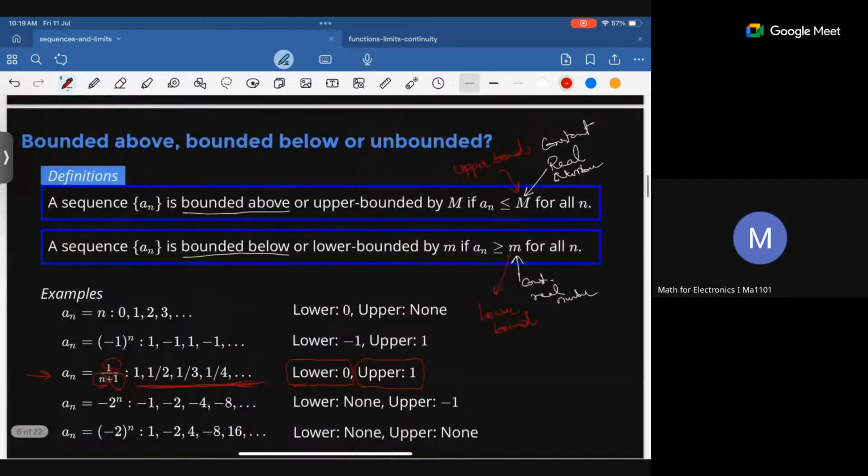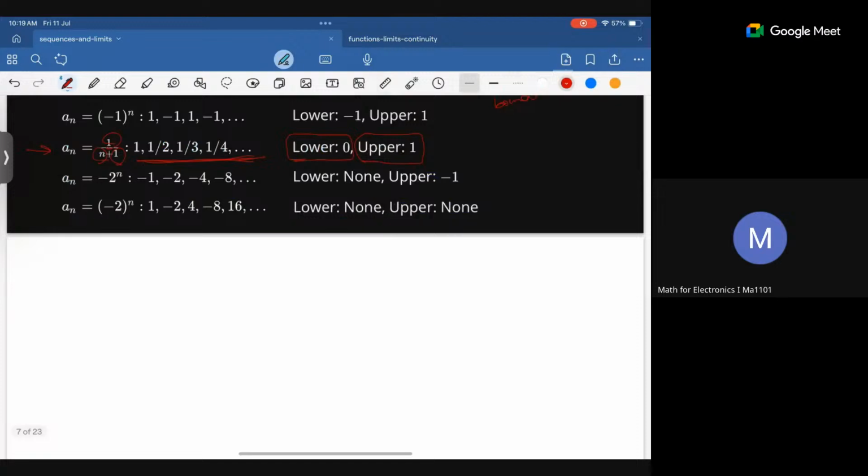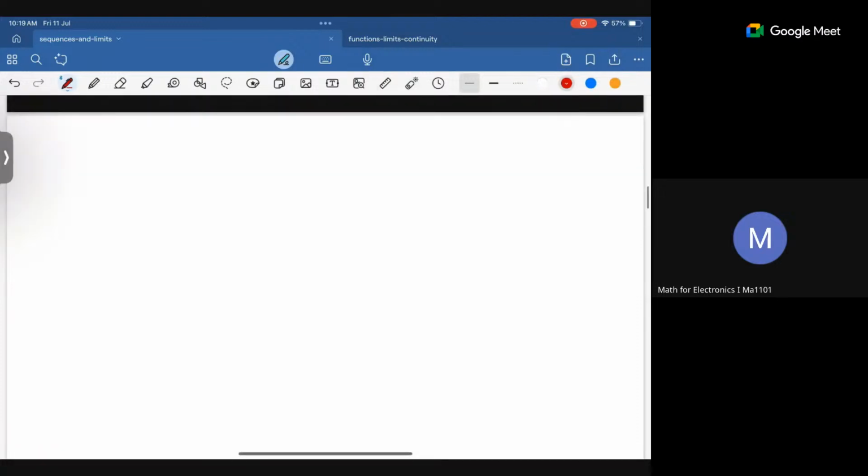And again, the best way to understand it is through plots, visualizing through stem plots. So if I just plot this, let's say this is 0, this is 1, 2, 3, 4, 5, 6, 7, 8, and so on, but we'll just stick to this.